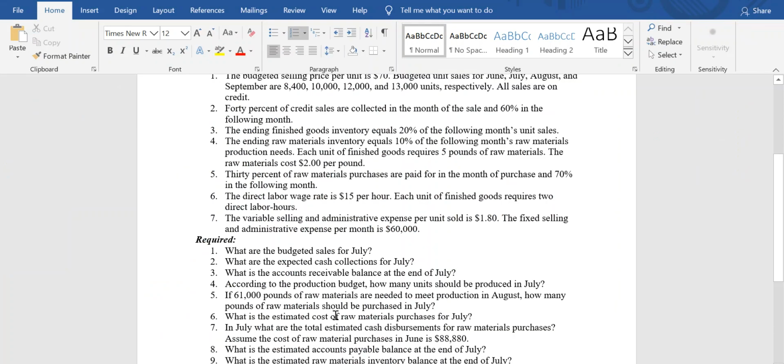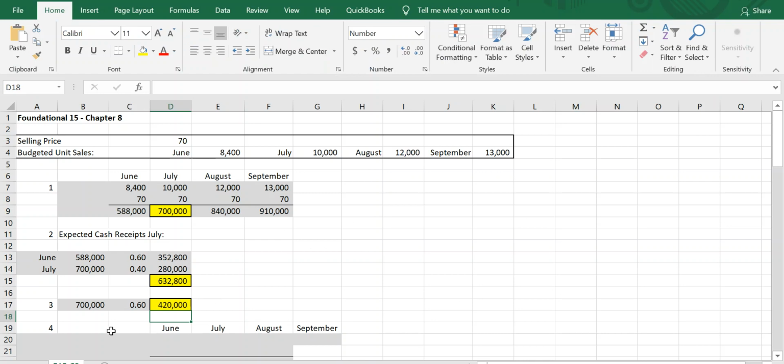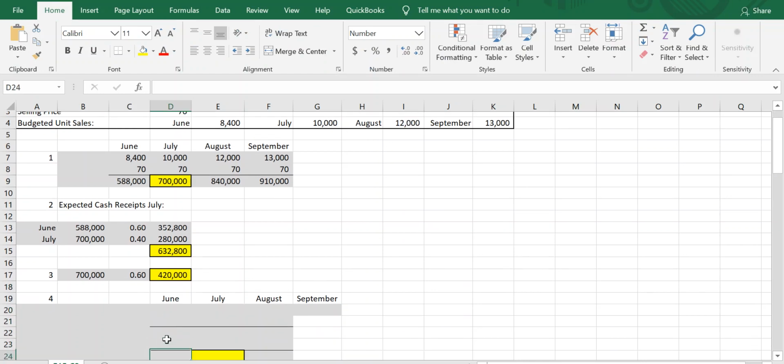We look at number four, and it says here, according to the production budget, how many units should be produced in July? Well, let's go ahead and prepare the production budget that we need to calculate what we actually need to have in July.